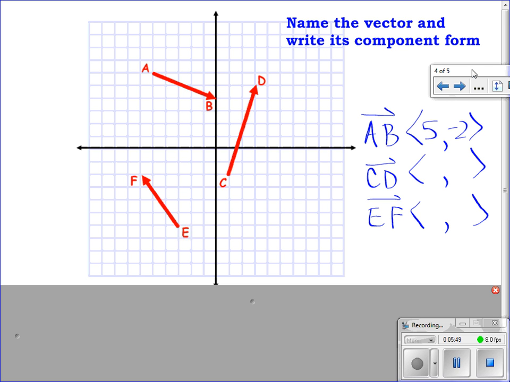You're just counting. From C to D, what is the left-right movement? 2, right? What about the up or down movement? 7. Okay, what about EF?